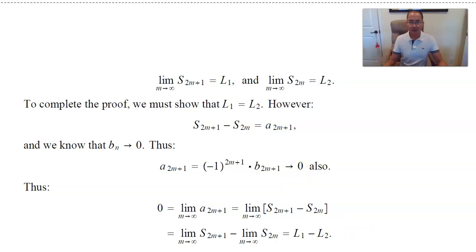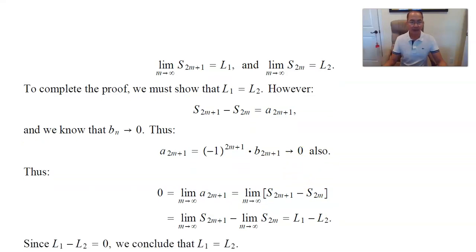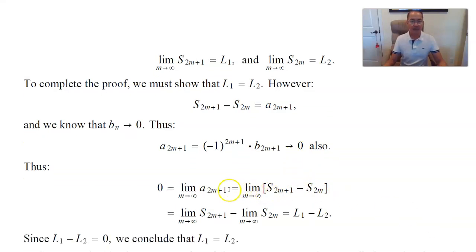That is what we need, because we can now take the limit. Since we know that a sub 2m plus 1 is s sub 2m plus 1 minus s sub 2m, its limit is the same as this limit, but we can break up this limit into two separate limits, and we get L1 minus L2. Aha!